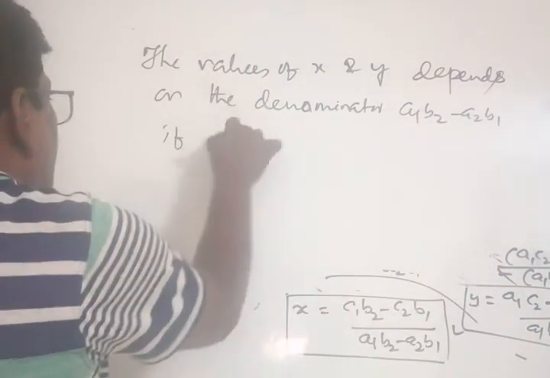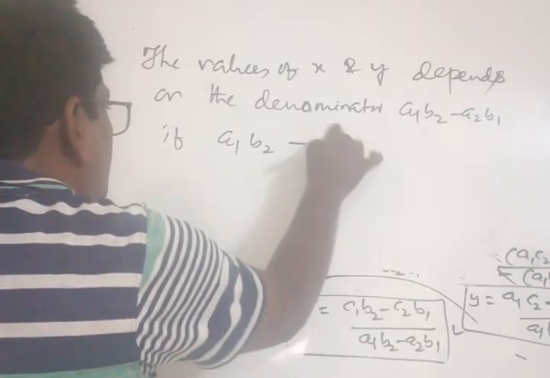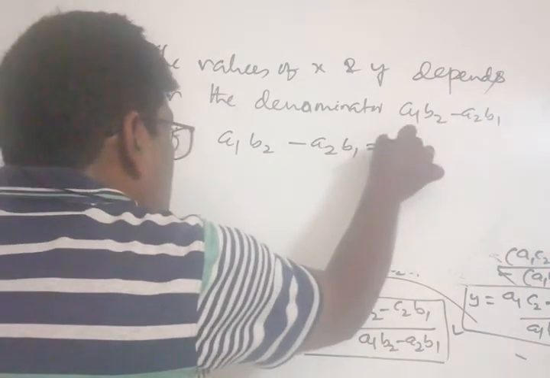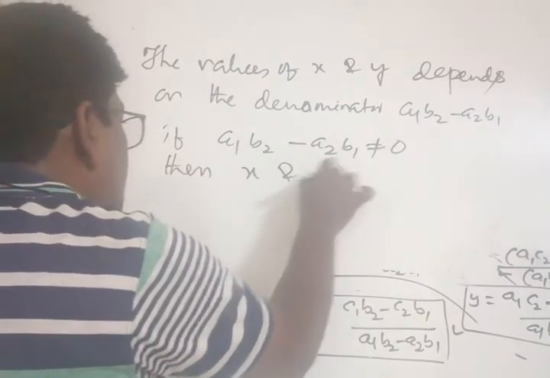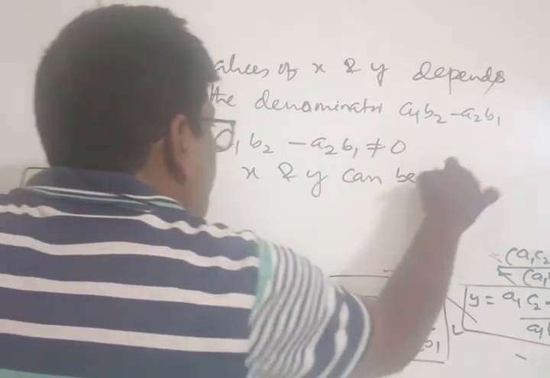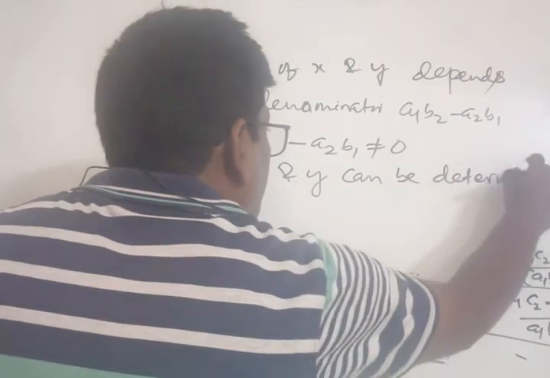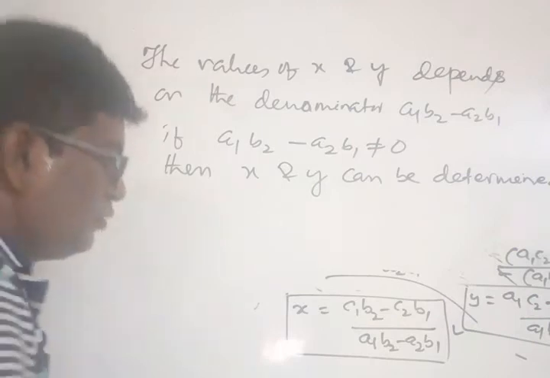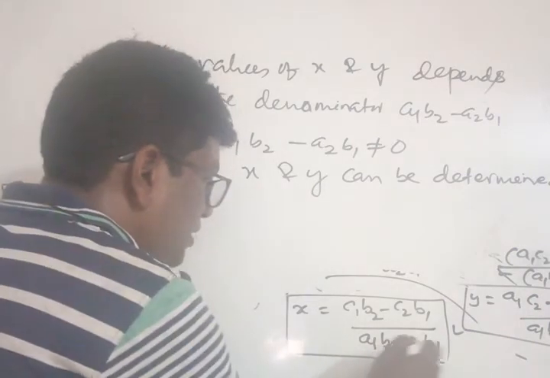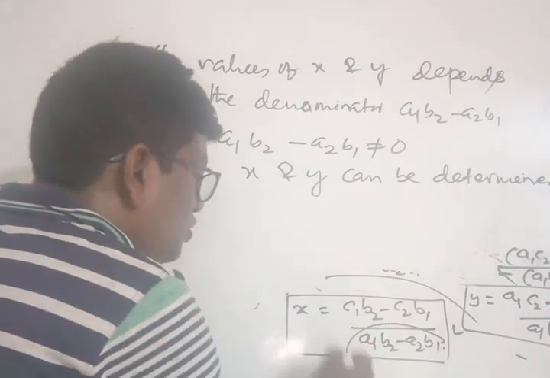If a1 b2 minus a2 b1 is not equal to 0, then x and y can be determined. The values of x and y can be determined if this is not equal to 0.